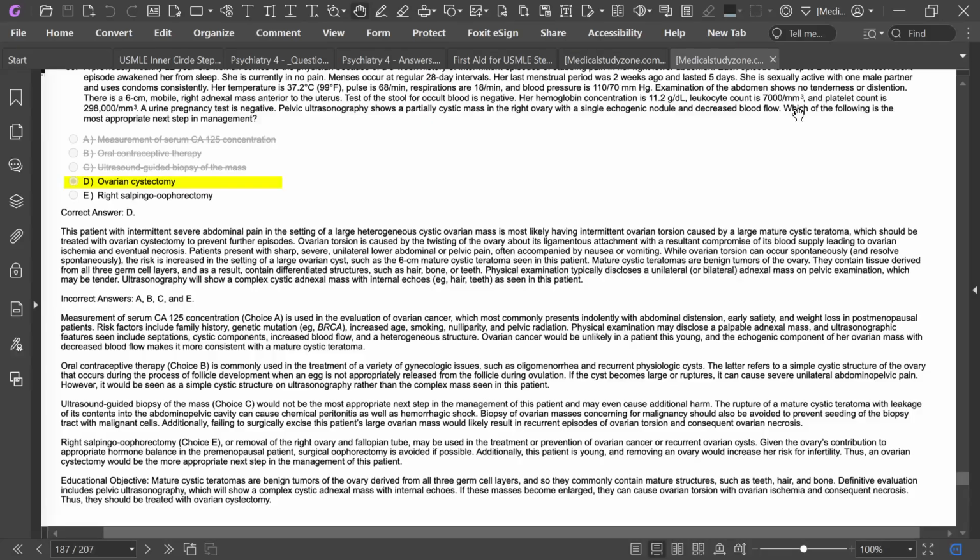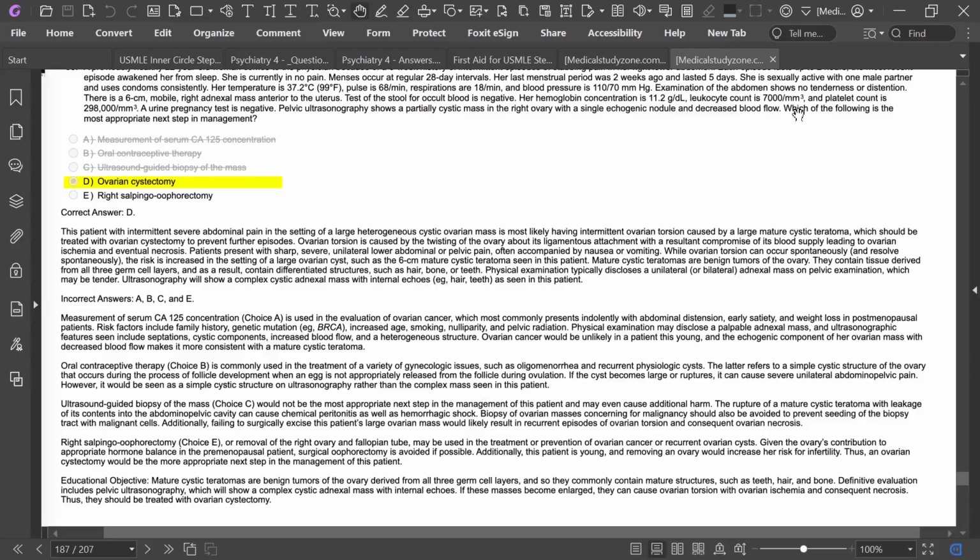Right salpingo-oophorectomy, or removal of the right ovary and fallopian tube, may be used in the treatment or prevention of ovarian cancer or recurrent ovarian cysts, given the ovary's contribution to appropriate hormone balance in the premenopausal patient.